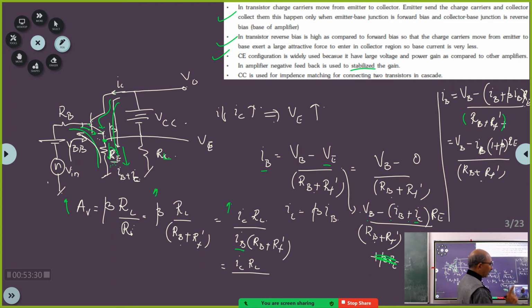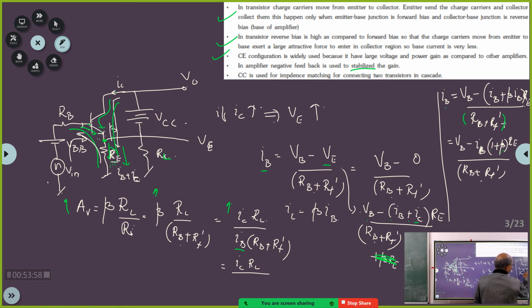Yes, sir. Now observe very carefully. If the temperature increases, what will happen? Now rewrite this equation. What you have to see here is if the temperature increases, beta will increase. If beta increases, IB will decrease.